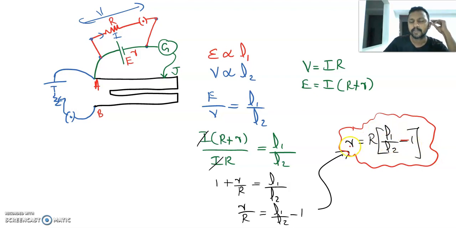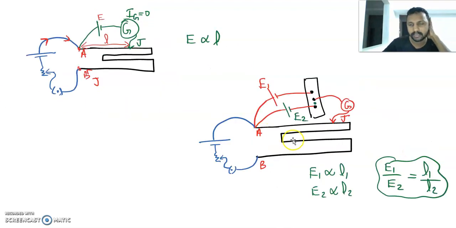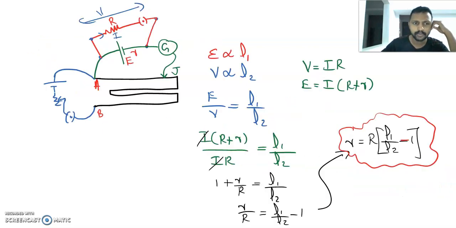This is the expression for finding out the internal resistance of the cell by using a potentiometer. A potentiometer has two tasks. One is to compare the EMF between two cells. In order to compare the EMF of two cells, this is our circuit diagram and this is the equation for it.